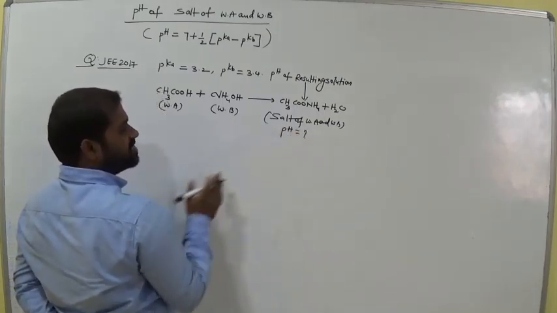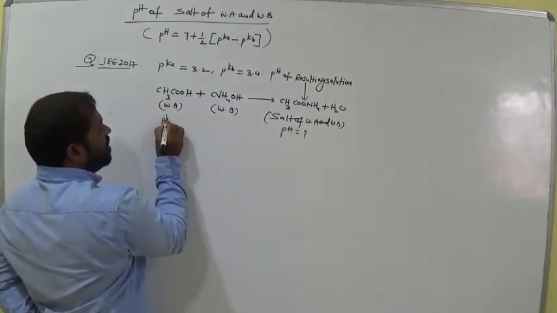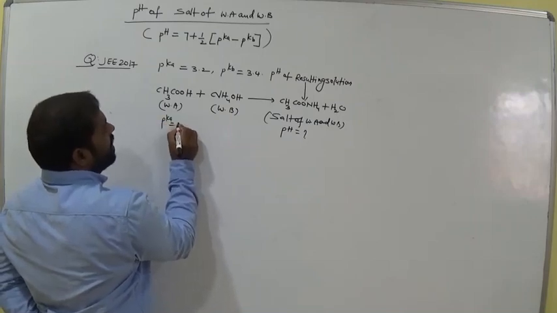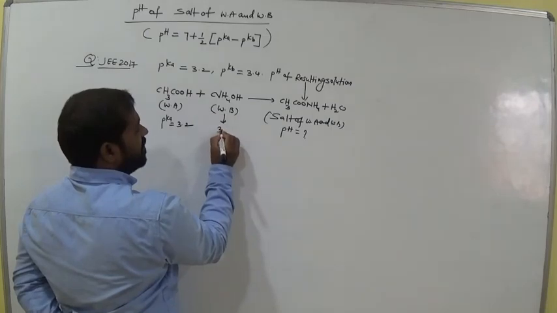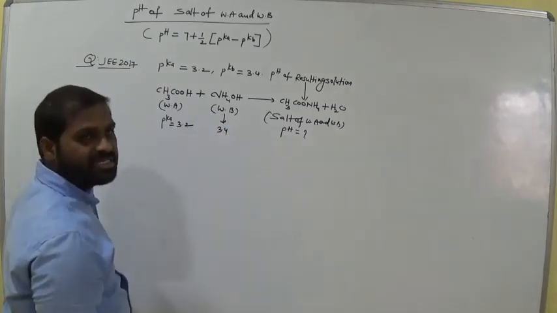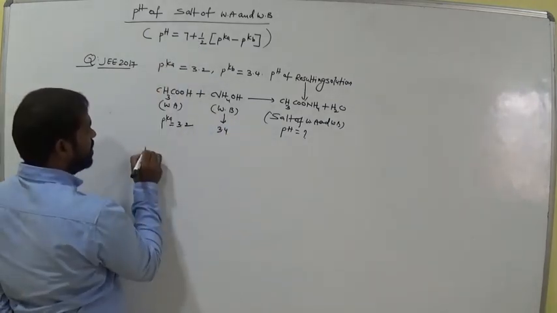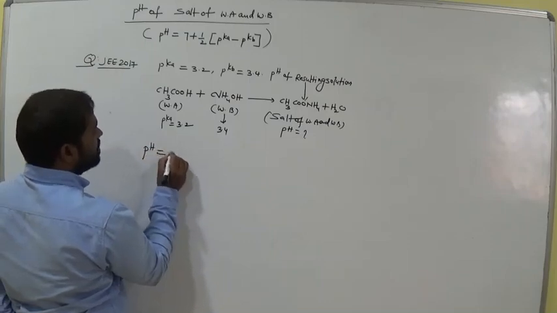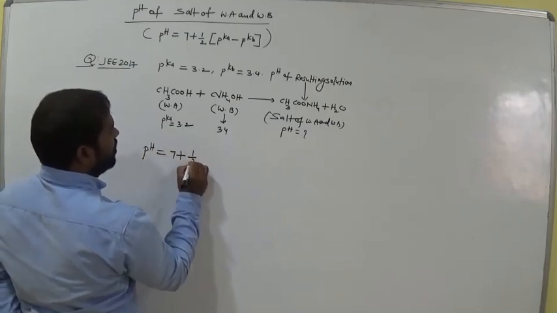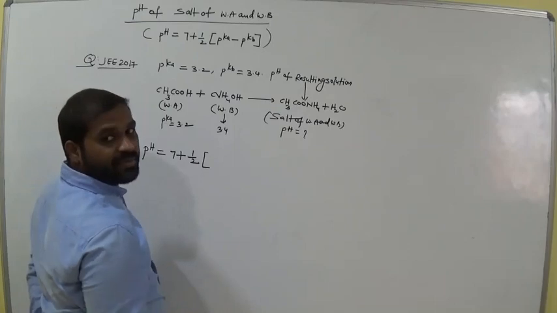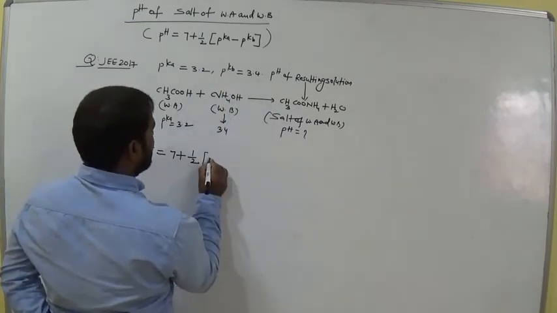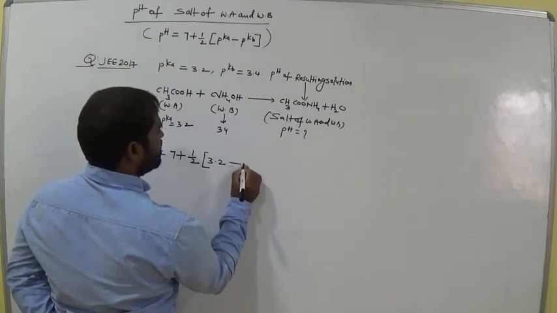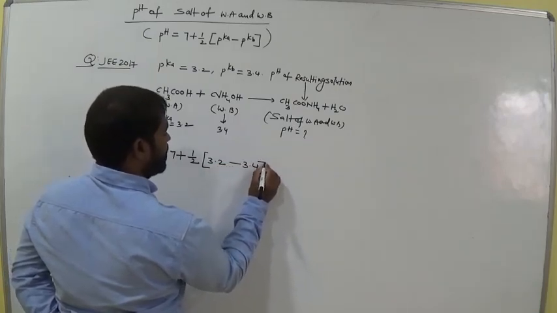That means salt of weak acid and weak base. He has given pKa, which is 3.2, and pKb of the base, which is 3.4. Then we have to calculate pH. So from this expression, pH equals 7 plus half of pKa minus pKb. The given pKa value is clearly 3.2 minus pKb, which is 3.4.